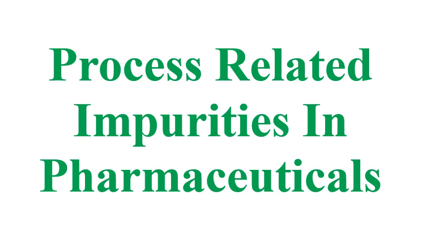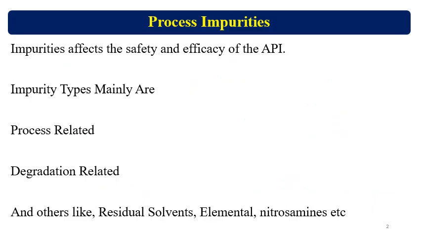And generally these process related impurities are not studied by the drug product manufacturer. So I welcome all of you to the present video on process related impurities, and in this video I have tried to cover most of the information related to these impurities.